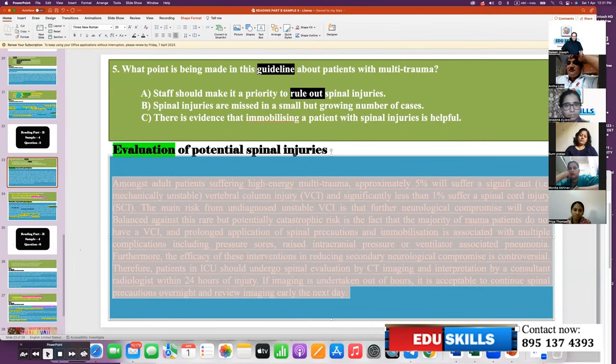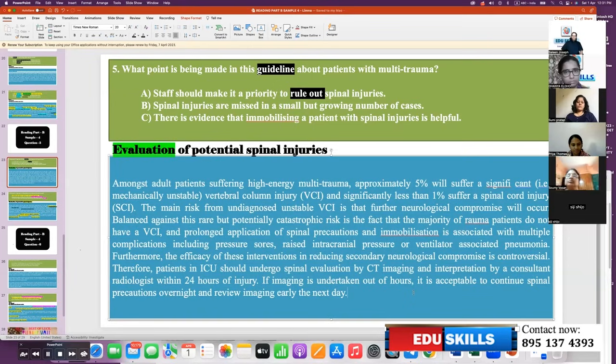Amongst adult patients suffering high-energy multi-trauma, approximately 5% will suffer a significant, that is mechanically unstable, vertebral column injury, and significantly less than 1% suffer a spinal cord injury. The main risk from undiagnosed unstable injury is that further neurological compromise will occur.